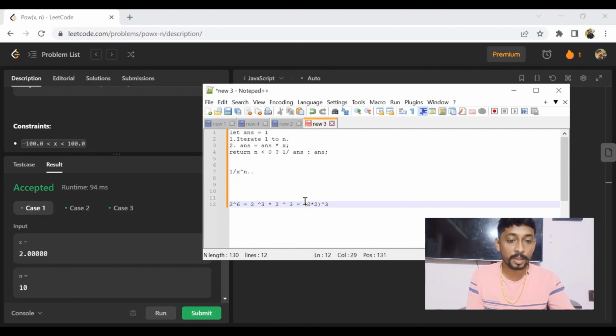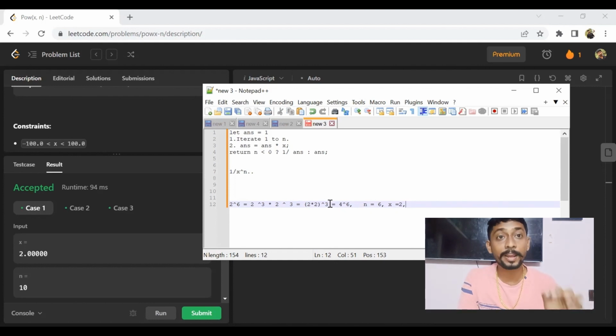This is a very important intuition in this problem statement. Using this intuition, you are going to solve this problem in an optimized way.